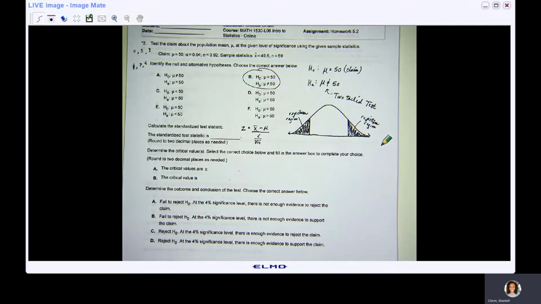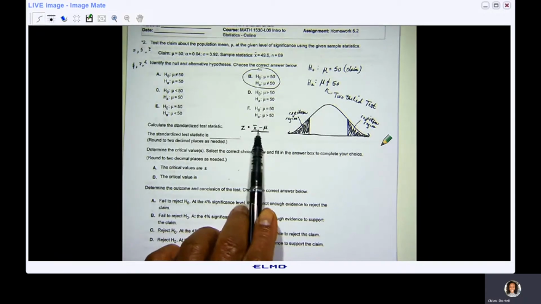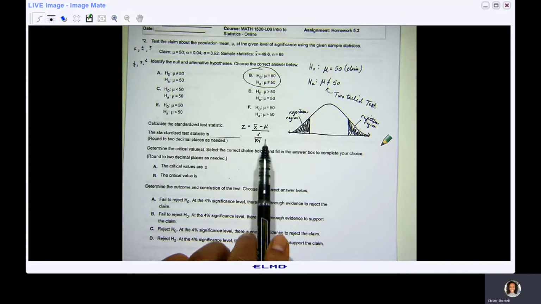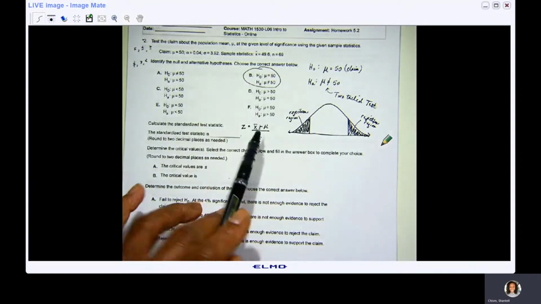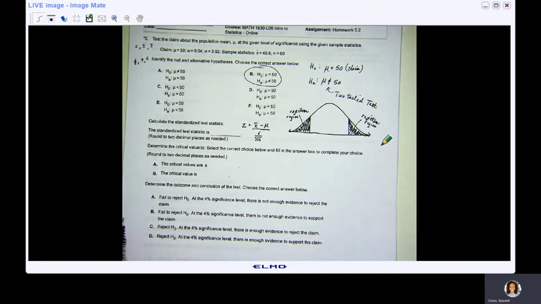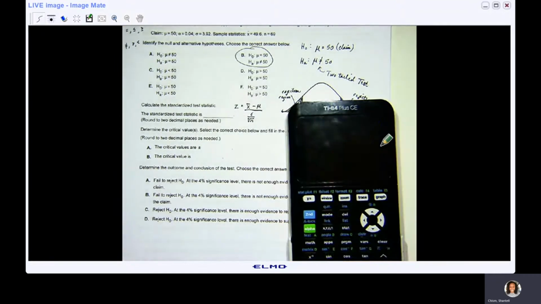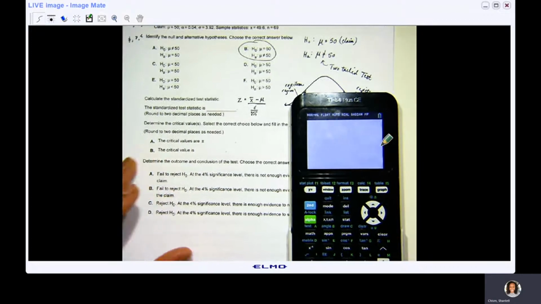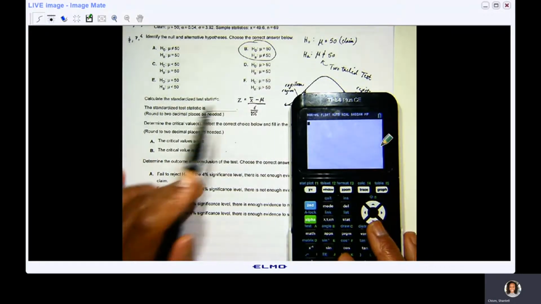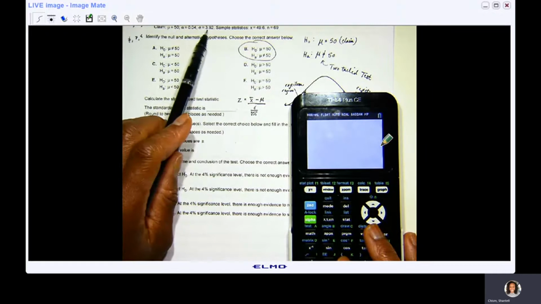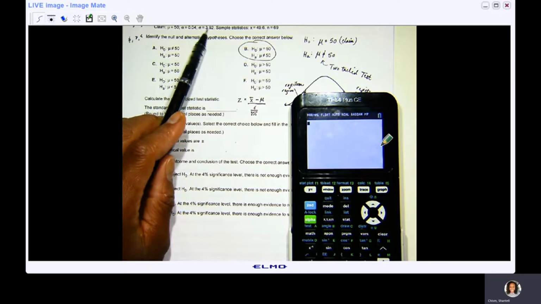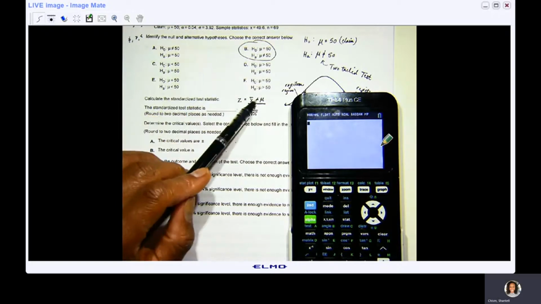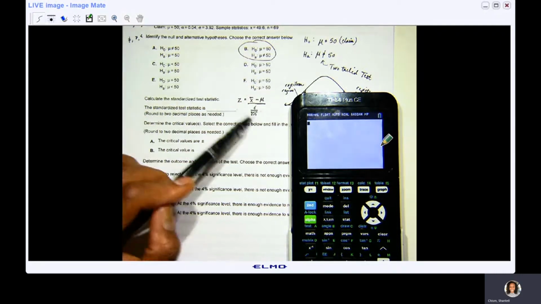I think we saw this in module 4 as well, calculating or standardizing that test statistic. Okay. So we're going to enter our actual values into this formula to get our test statistic, our Z-score. And this will be what you'll use every time, okay, when you have to get the test statistic. Okay, that is because we're given a sample and we're given the population standard deviation. Okay, so X bar minus mu over sigma divided by square root of n.